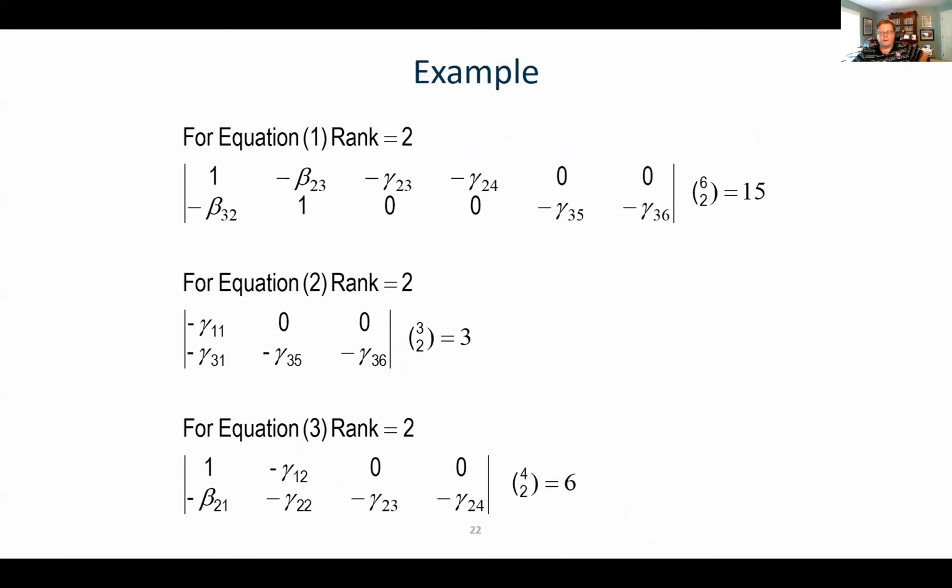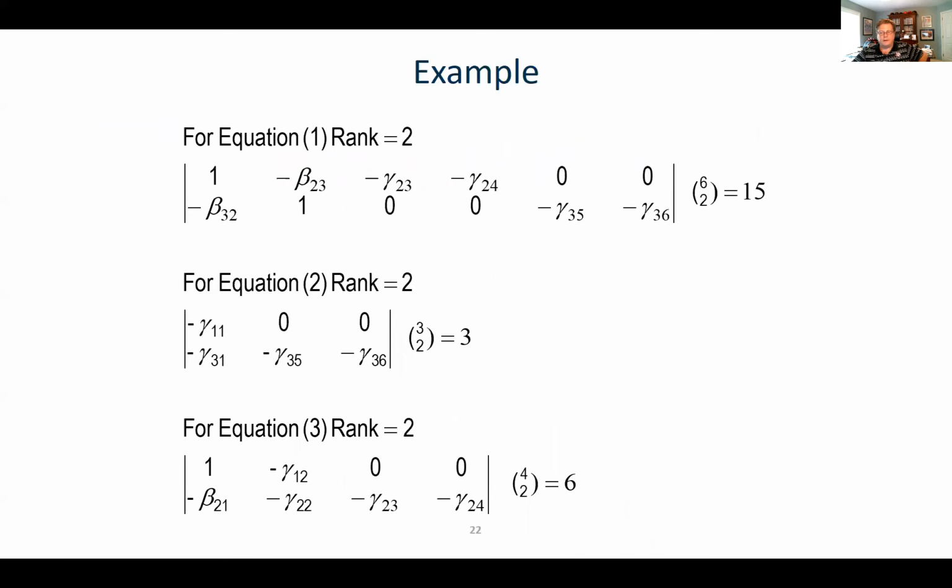But in all other cases, to be a non-vanishing determinant of rank 2 depends on certain coefficients, either the gammas here or the betas here, or the fact that the product of 2 beta coefficients can't be equal to 1. If any one of those is satisfied, then equation 1 is satisfied with the rank condition. For equation 2, there's only 3 possibilities.